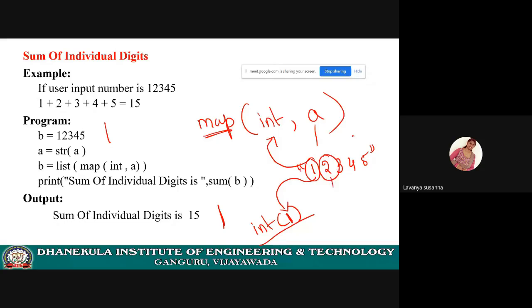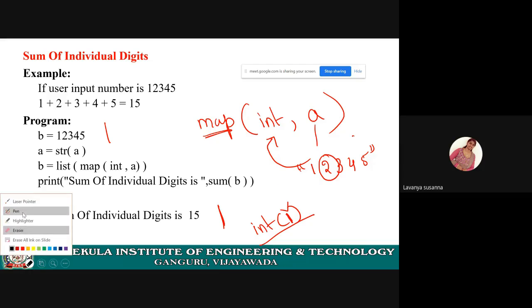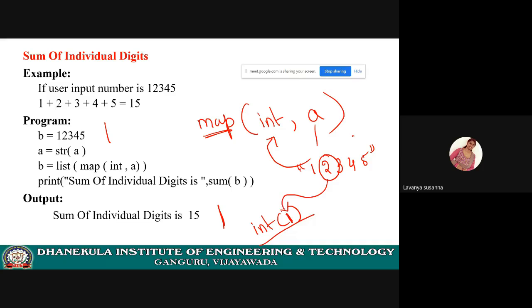It will pass 2. Just wait, I will erase this. Now, see what it is doing. The first character you have passed, the int function converted 1 into an integer. Next, you are passing 2. The map function will pass the second character 2.